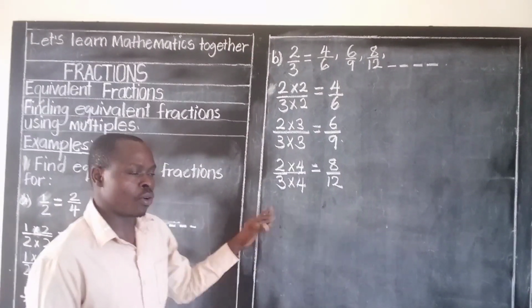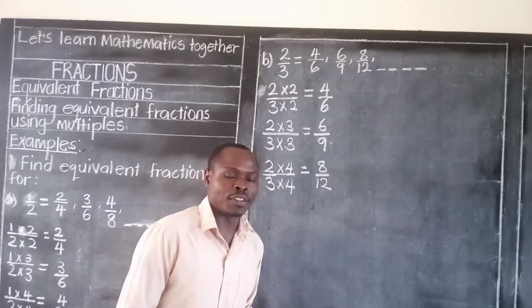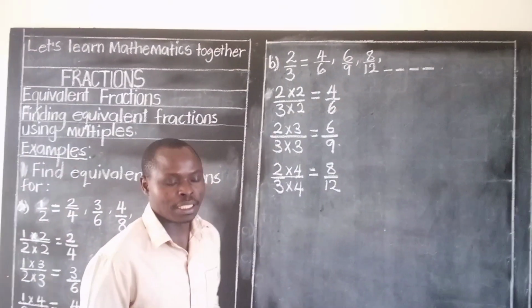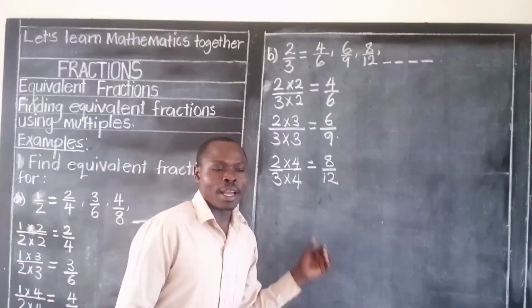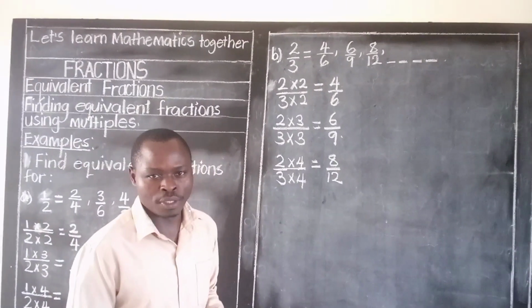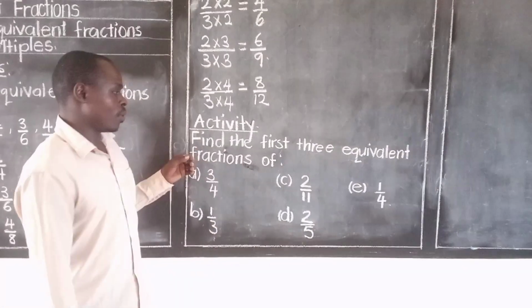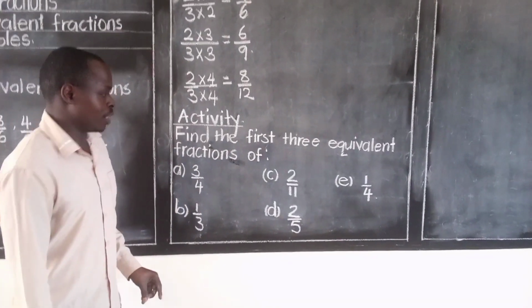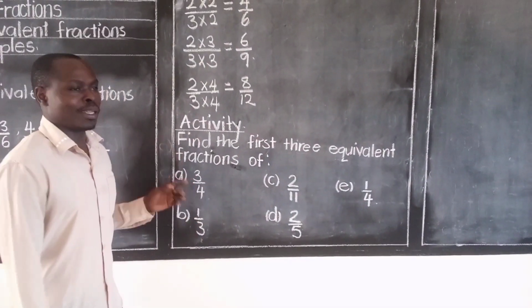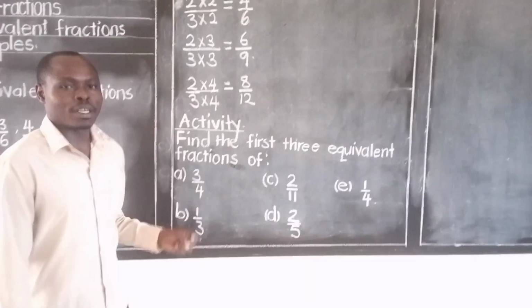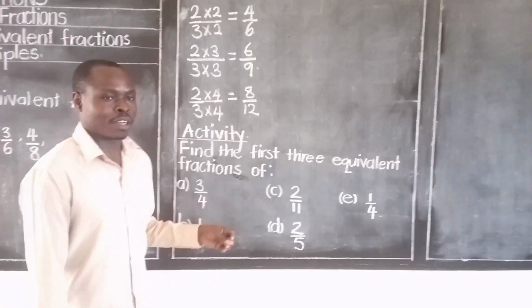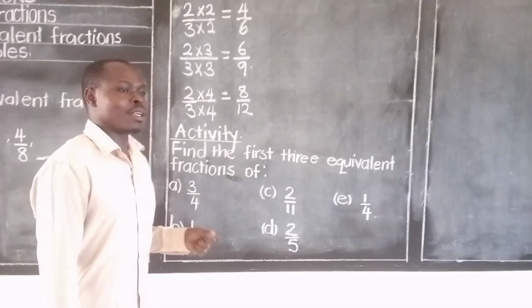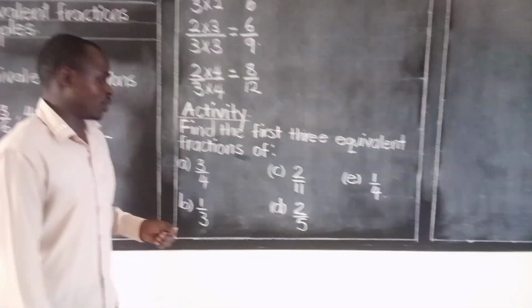So let's look at the following activity and you practice it so that we see how we have understood this. The activity below is: find the first 3 equivalent fractions of the following. So this means you are going to write the first 3 equivalent fractions, remembering to use our knowledge of multiples.